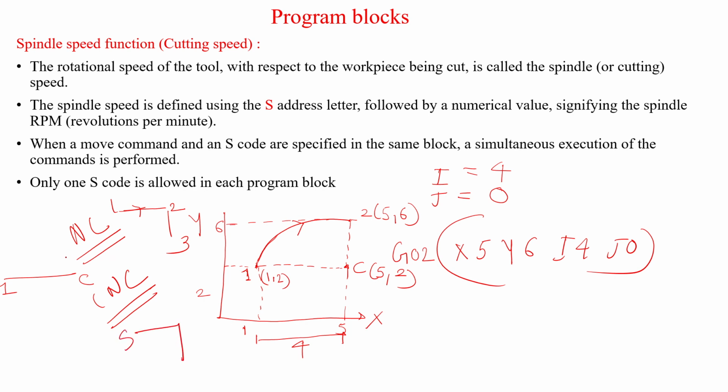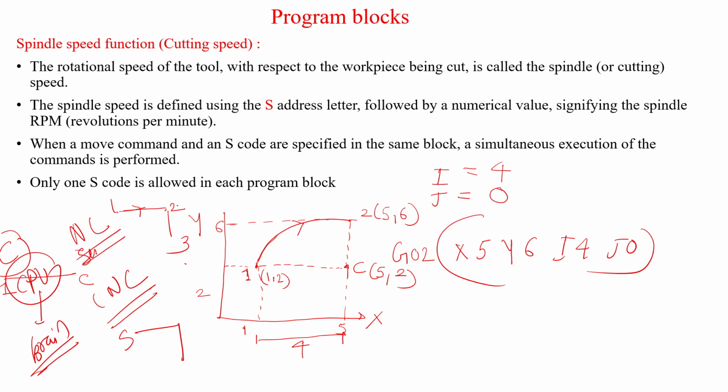But in CNC there is a computer, some CPU, some brain, which enables it to give a continuous motion. But in NC you have to start one say 2, then it will stop, then you have to again give the command, then it will go to 2 to 3.